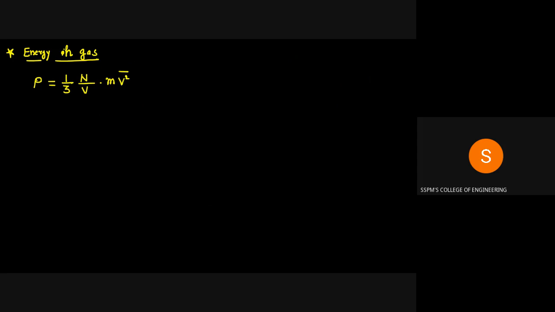If I take volume to the left side, P into V is equal to 1 by 3 N m v square average.